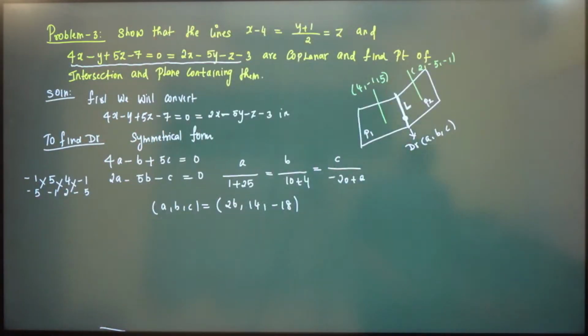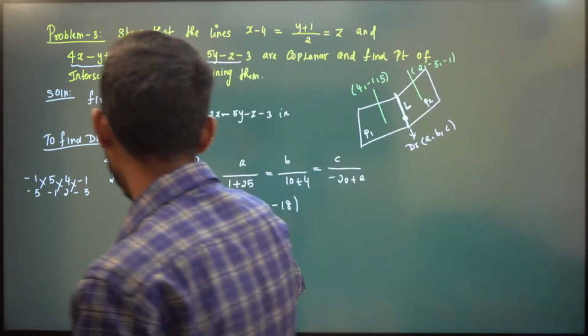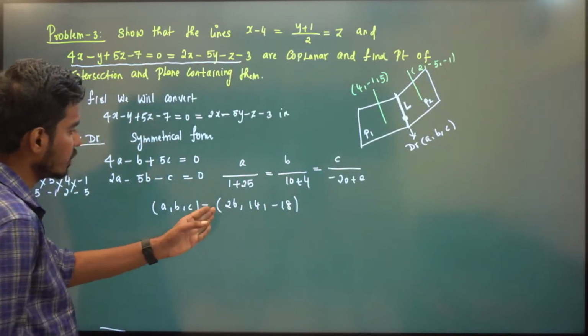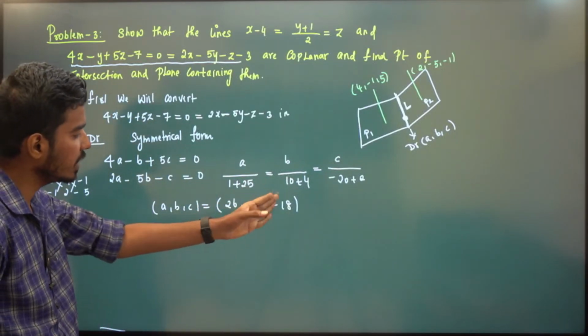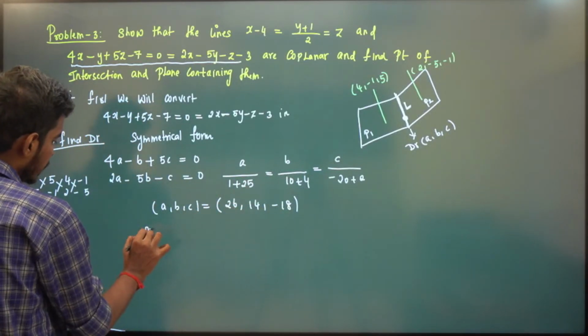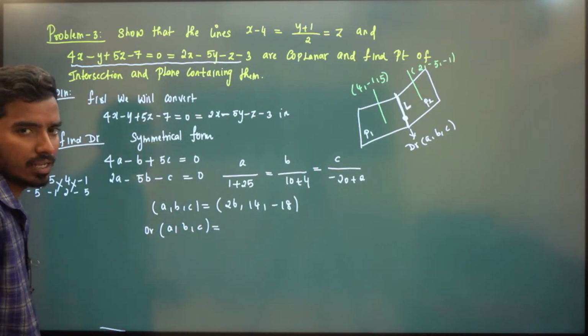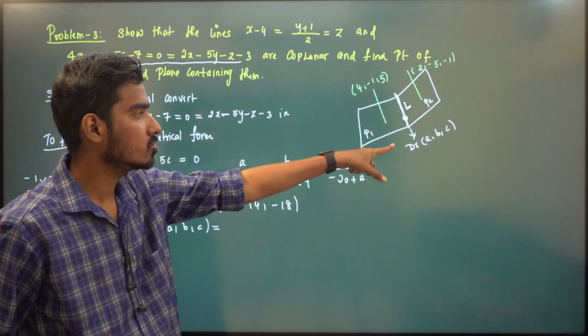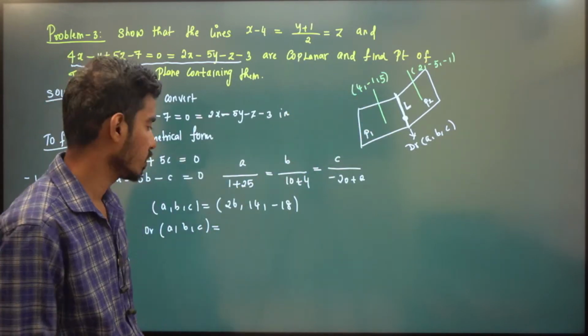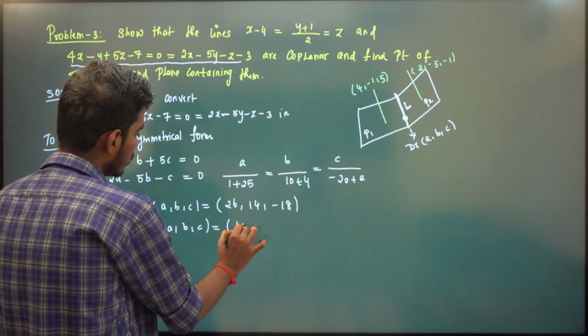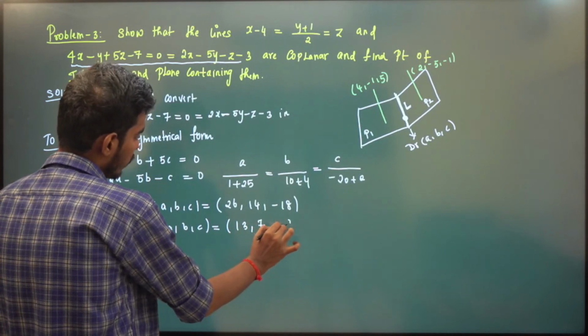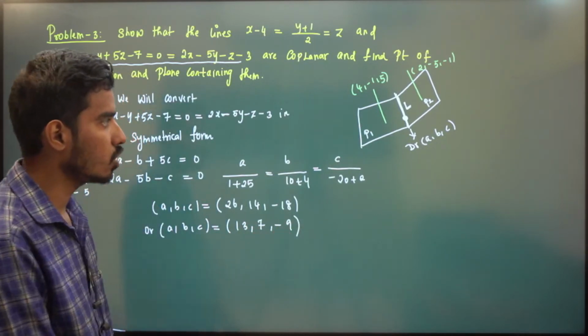One direction ratio is enough, and we know they are only proportional. So you can take 2 common and keep it as 13, 7, minus 9. If I divide by 2, we will have 13, 7, minus 9. So this is the direction ratio of L.